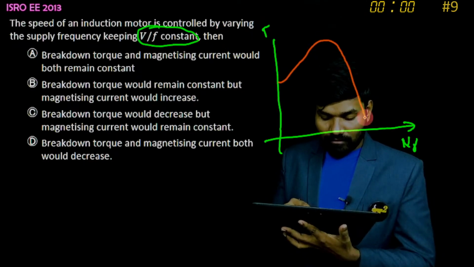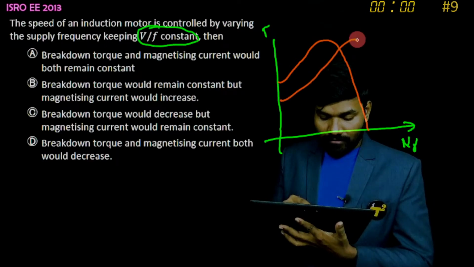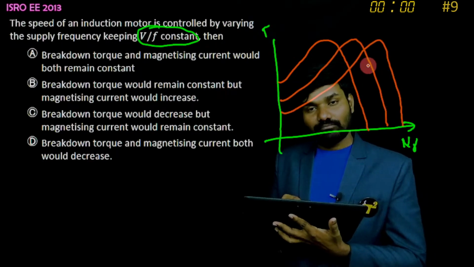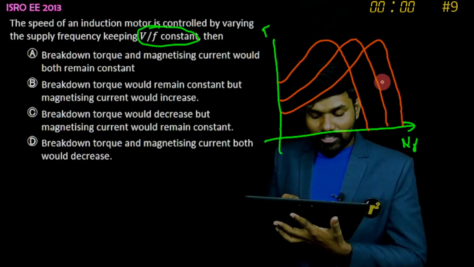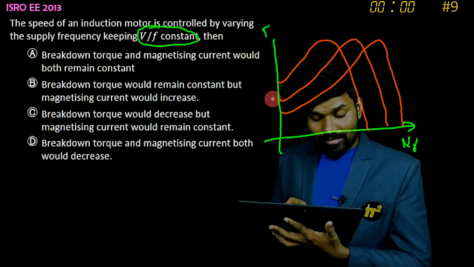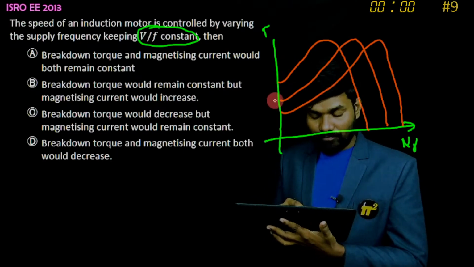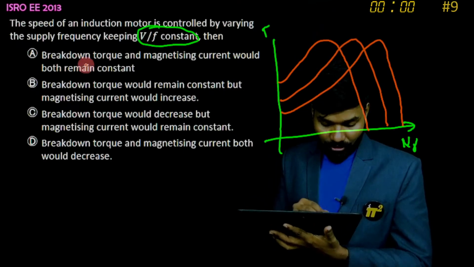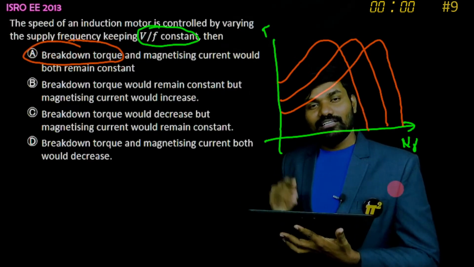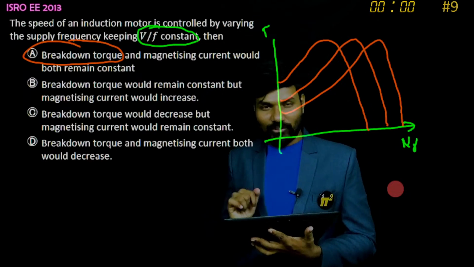Like this, like this. Maximum torque will not change, but the speed at which maximum torque occurs changes and the starting torque changes. Maximum torque value doesn't change. So what is breakdown torque? Breakdown torque is nothing but the maximum torque.